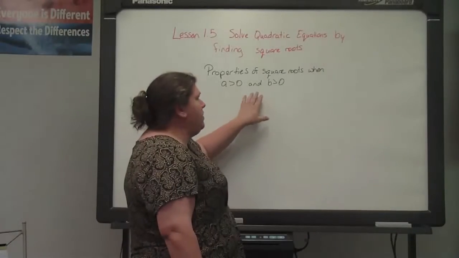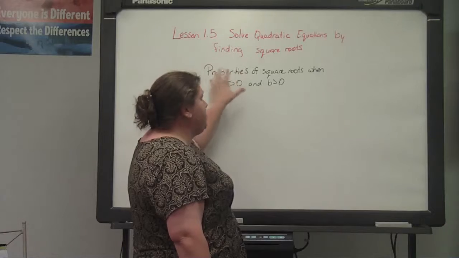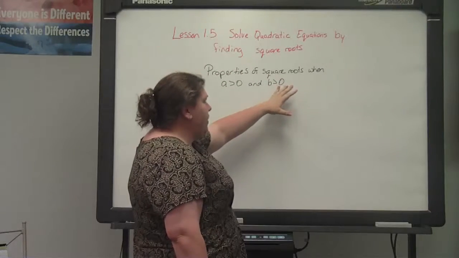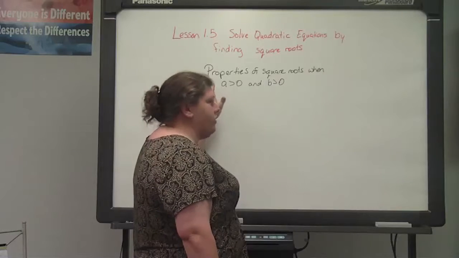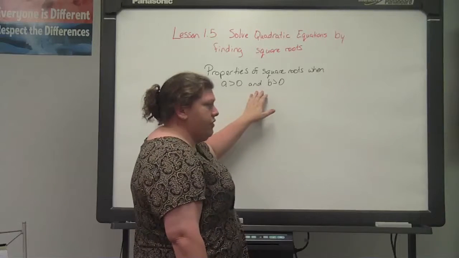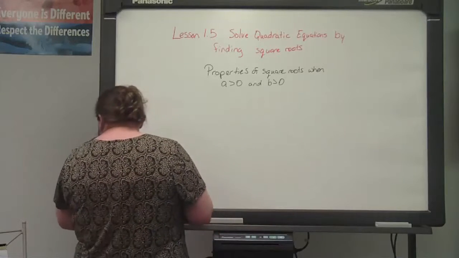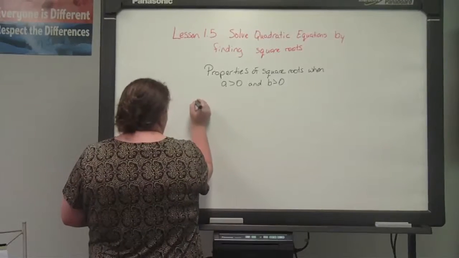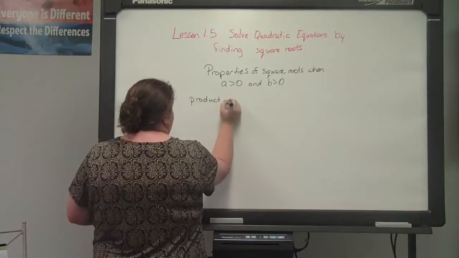The first concept that we are going to talk about is properties of square roots. All right, and it's specifically when your a is greater than 0 and your b is greater than 0. The first property is the product property.